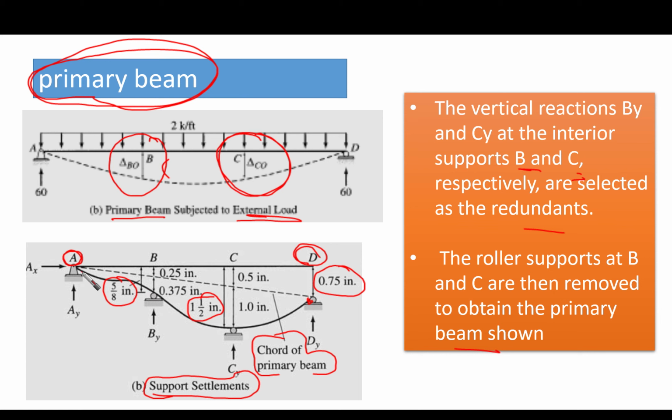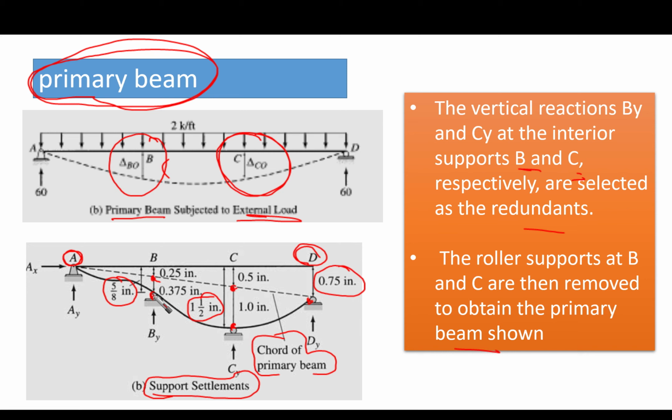After drawing the chord, we are going to measure the distance between point B after settlement and the chord point here. Similarly, we are going to find the distance between point C and the chord point here.